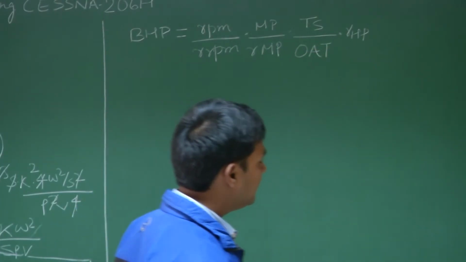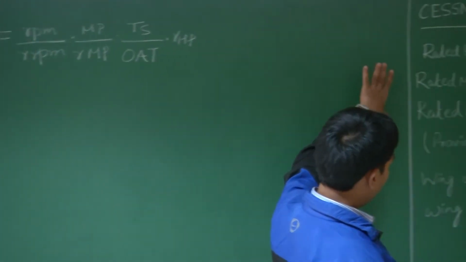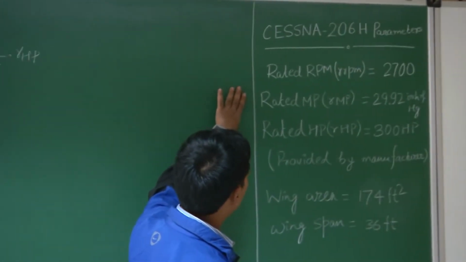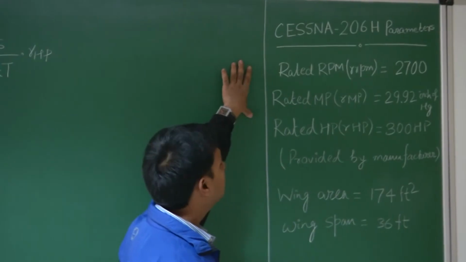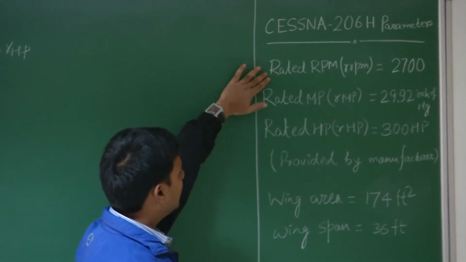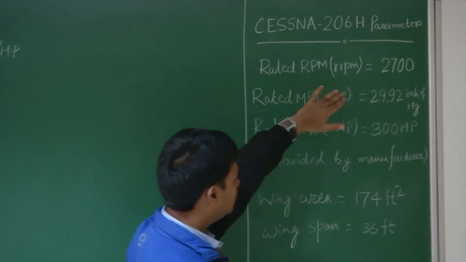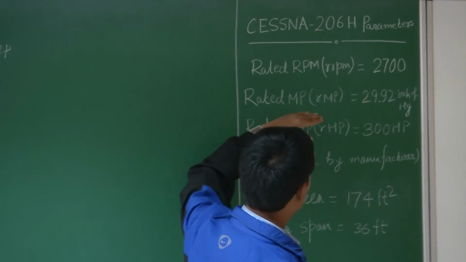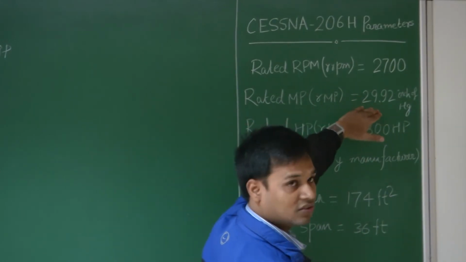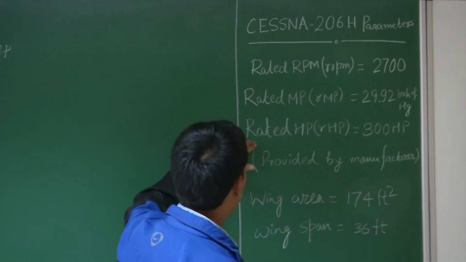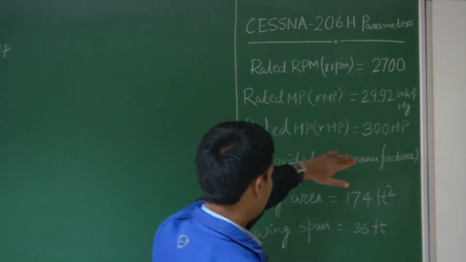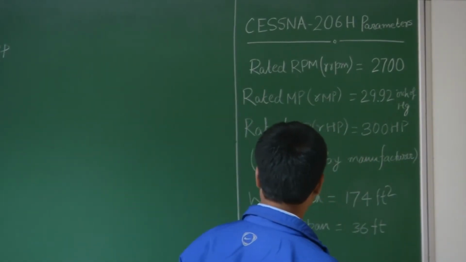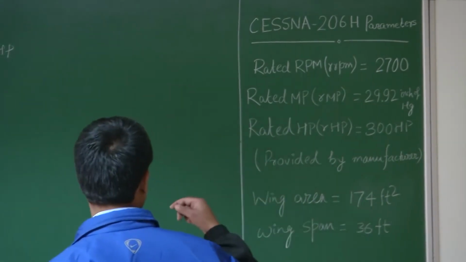So if you see here, the data provided by the manufacturer for the Cessna 206 aircraft: rated RPM is 2700, rated manifold pressure is 29.92 inches of Hg, and rated HP is 300. So with those values we can calculate.